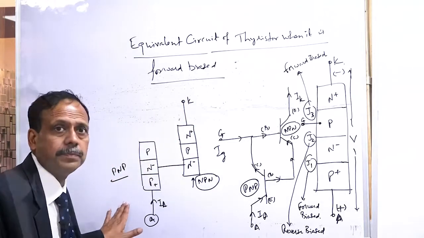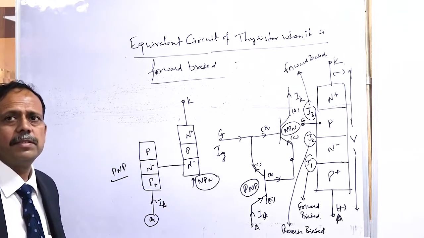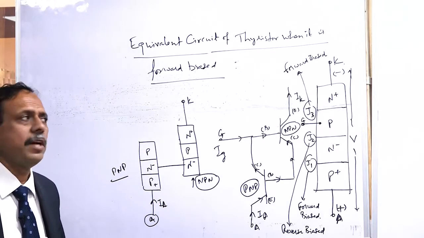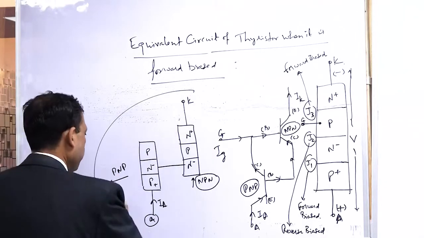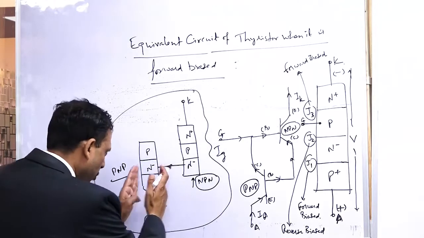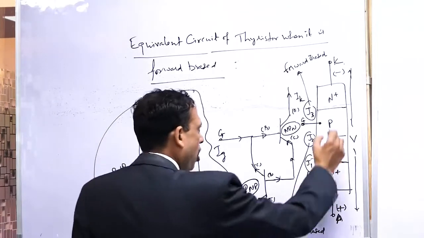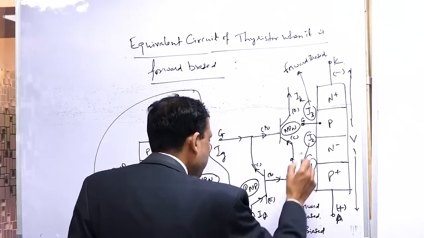Has everyone drawn this circuit? Please draw it in the meantime. These are the circuits: one PNP and one NPN transistor. That is how the thyristor is broken into two parts. This is the normal thyristor and this is the equivalent transistorized model.